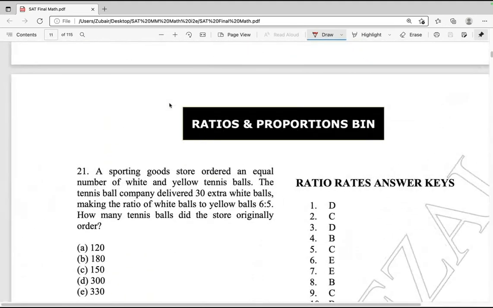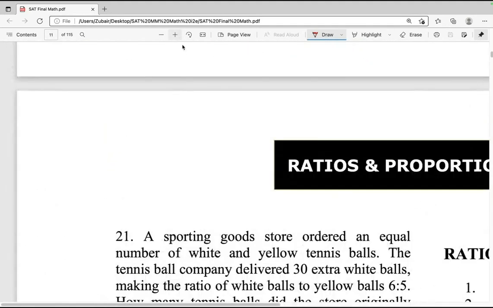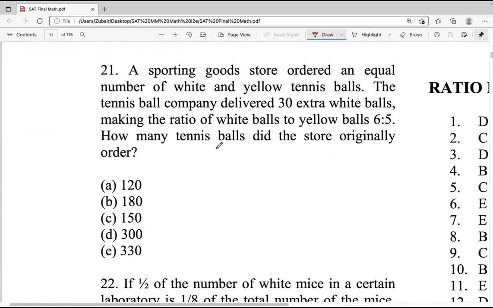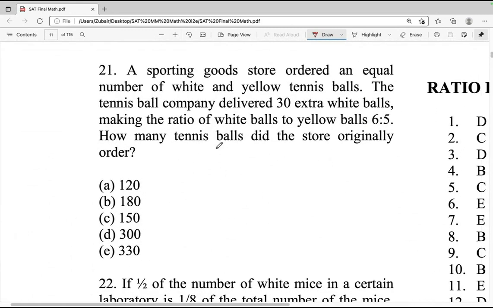Try this one, question 21. C. Sorry? 150.